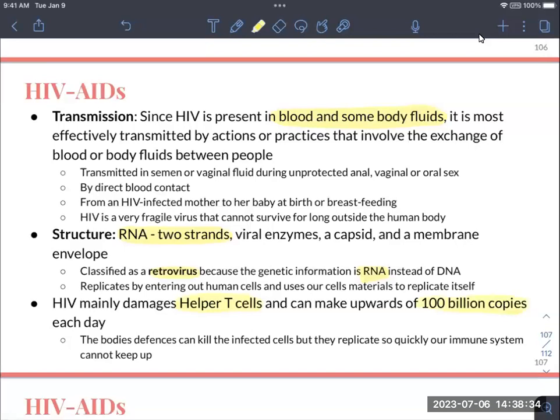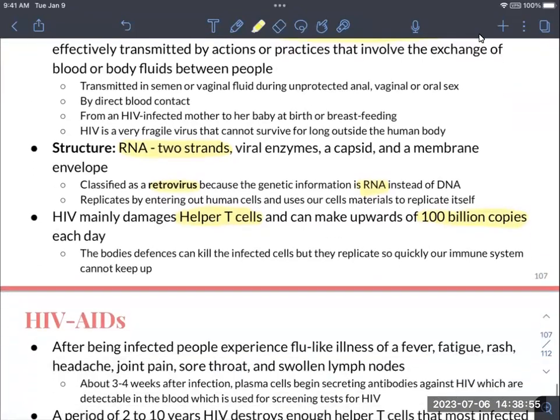That is just crazy how many of these cells can be created so fast. Our body defenses can kill these infected cells, but because they replicate so fast, we just can't keep up with it. That is how HIV starts to spread throughout our body, because we just can't keep up with how fast these cells are replicating.